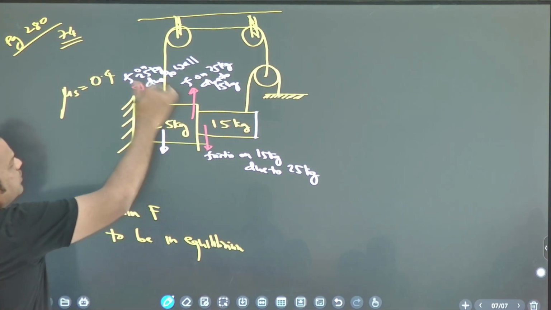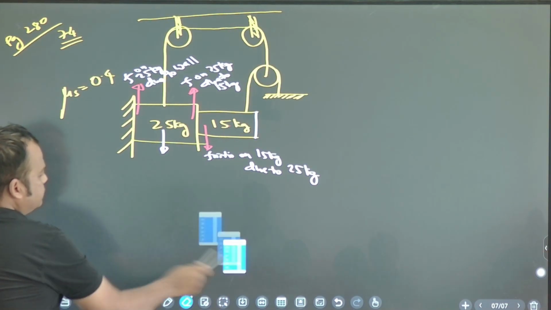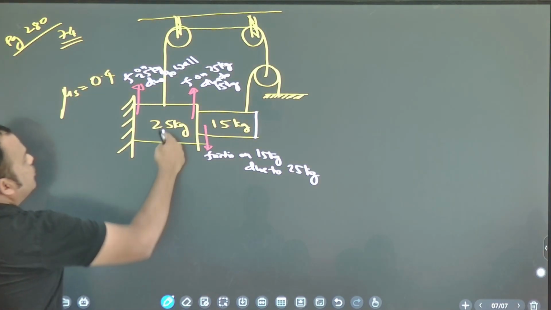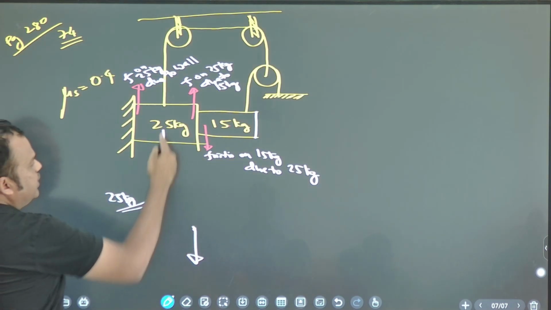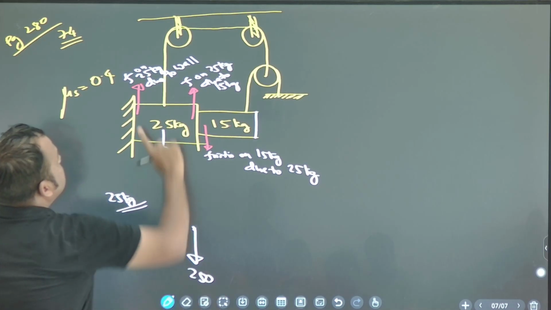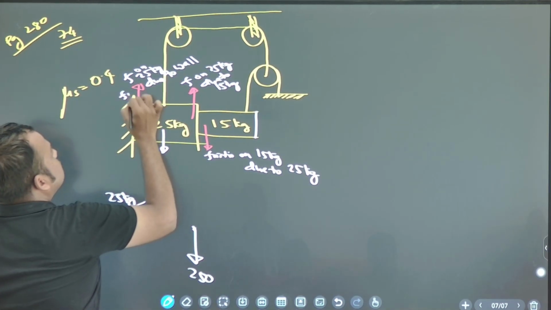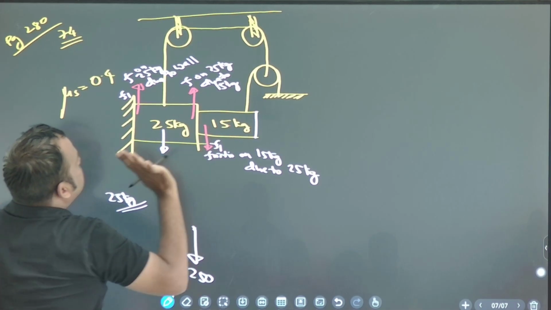Now it is in equilibrium. So free body diagram you draw. So for 25 kg, what is the downward force? 250. Okay, this is F1. We call it F1. This is F1. Oh, sorry. No, wait.